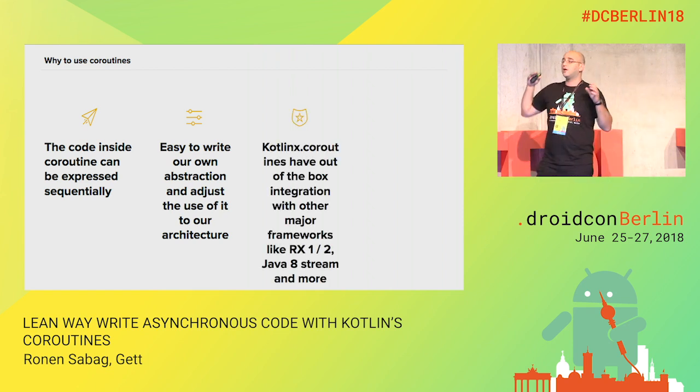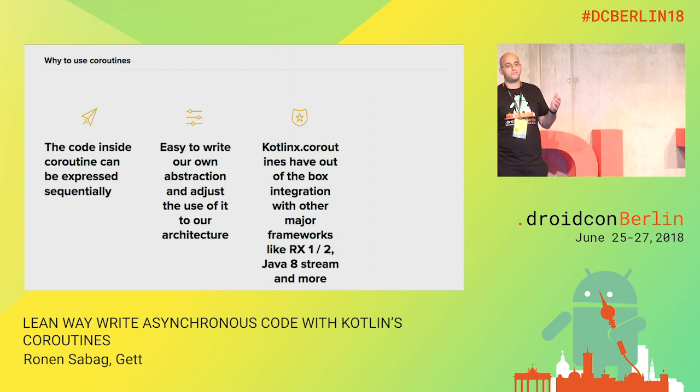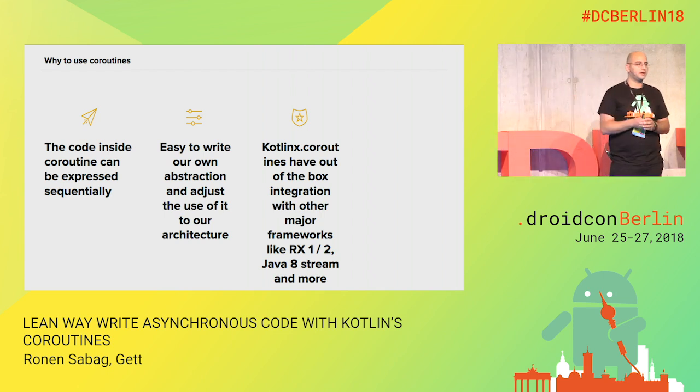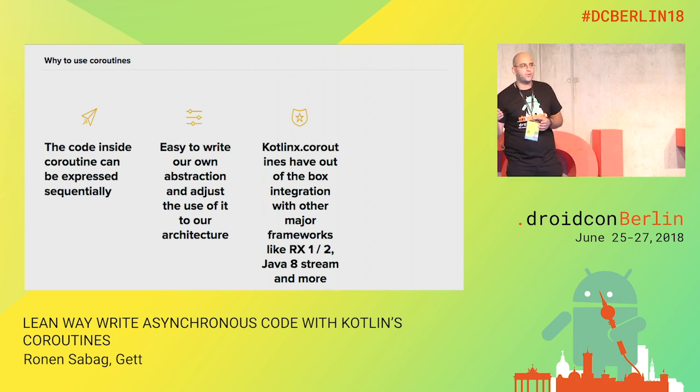There is a lot of integration with other major frameworks coming out of the box from JetBrains, like with RxJava 1 and 2 and Java 8 streams. And it's very easy to write an additional one if you want.